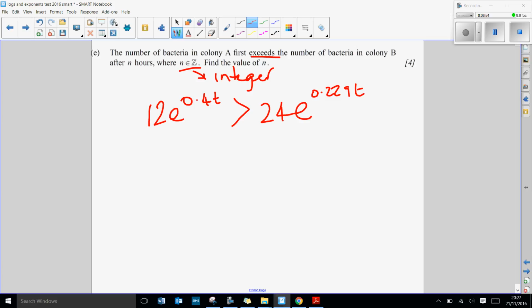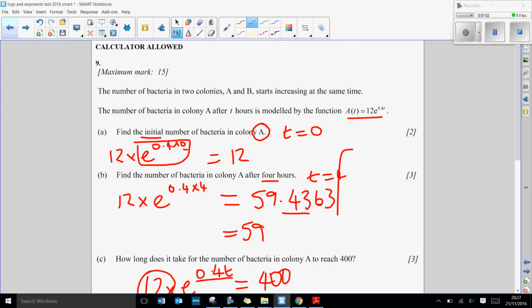Different ways of doing this. To be honest, I think the easiest thing is just to find some values. We can see from the previous question that we actually have the number of bacteria at 4 hours for both of the colonies.